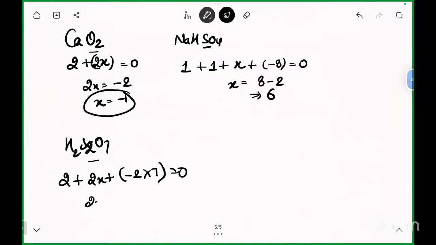So 2X minus 12 is equal to 0, X is equal to 12 upon 2, that is equal to 6. Sulfur is 6 here. So you have to calculate the value of this X according to the particular question. Whatever is the underlined element, you have to calculate, and sometimes the underline is not given, then you have to do it your own way. Next, let's do some examples of balancing.